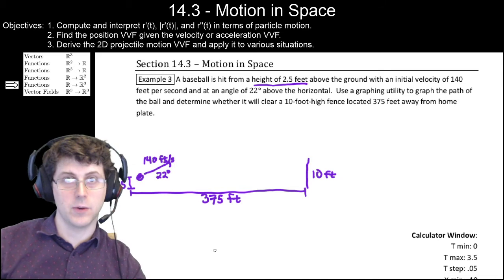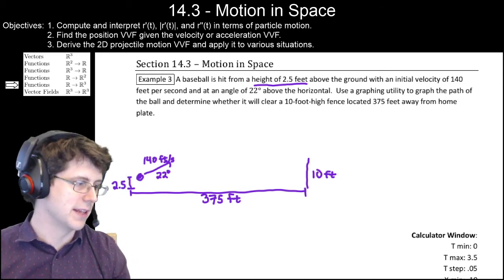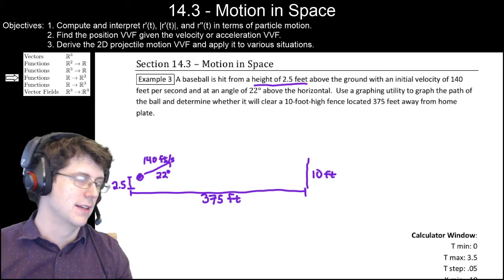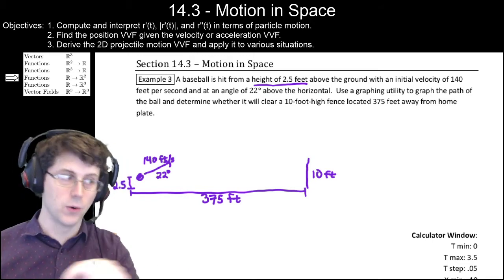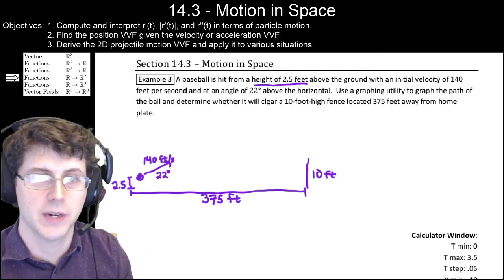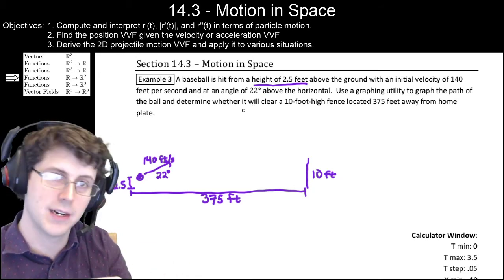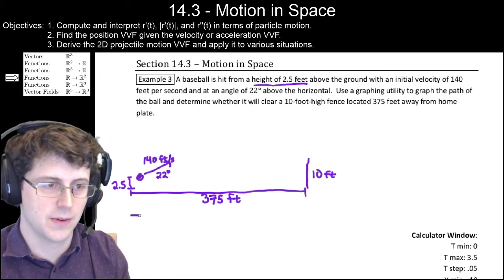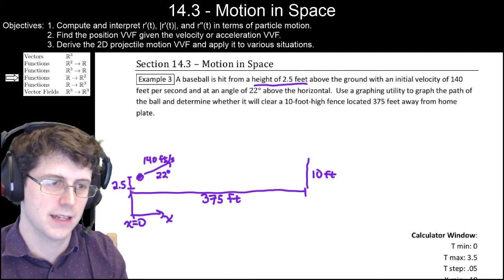From drawing the question as I was going, it's clear to me now that I do actually only want to think about 2 dimensions. So even though this is happening in space, I'm going to just think about a horizontal dimension and a vertical dimension. So when I translate all this stuff into vectors, I'll think about an x-coordinate and a y-coordinate, where this way is x, and over here is x equals 0, at the start.